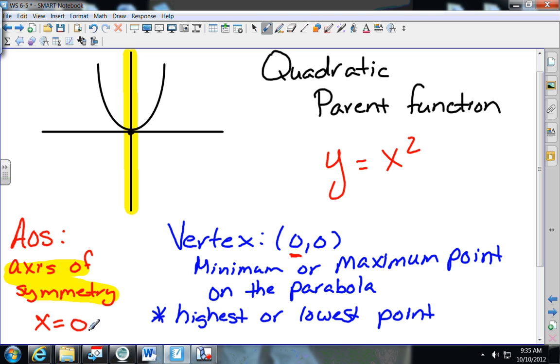The other thing we talked about on the parabola is the symmetric points. What are symmetric points?